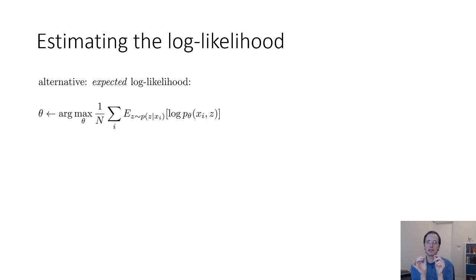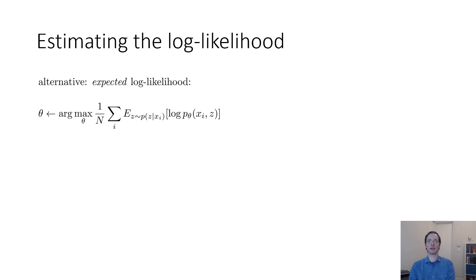Now, of course, in reality, you don't know the z that goes with a particular xi exactly, but you might have a distribution over it. So instead of just taking the one value of z that is the most likely, you would take the entire distribution over z's and average the likelihood weighted by the probability of that z. And that's what gives us the expected log likelihood calculation.